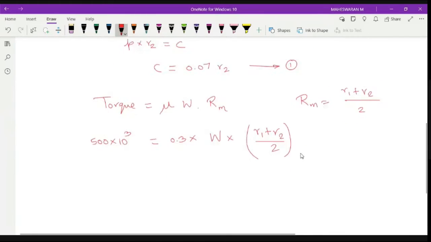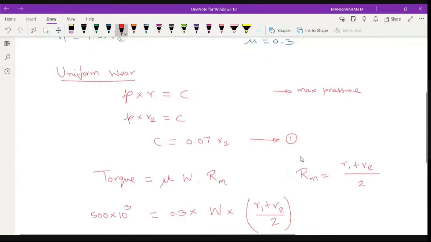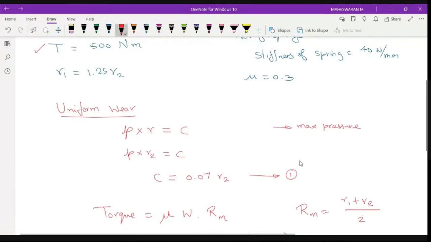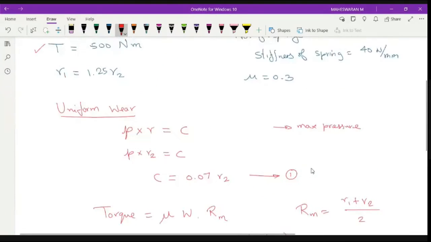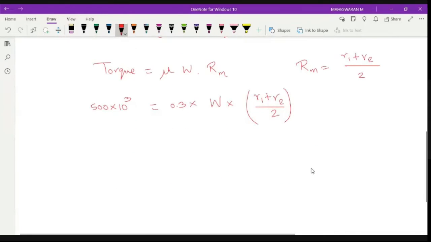This is my formula. We know R1: R1 is equal to 1.25 times R2. So we can apply that and we will get everything in terms of R2 and W, right? Any doubt on that? Let me substitute it.